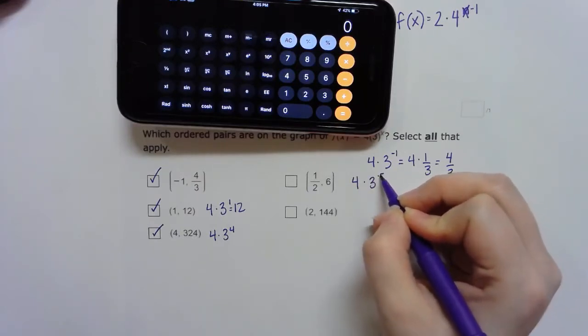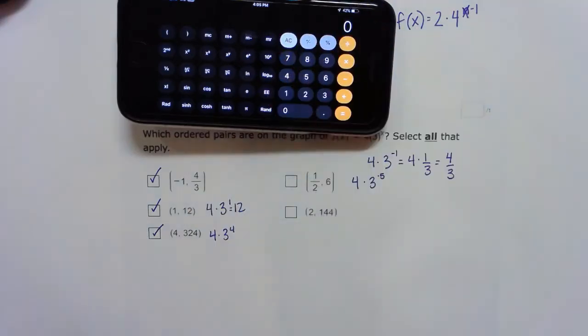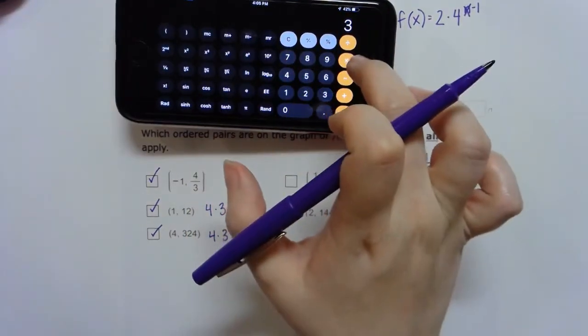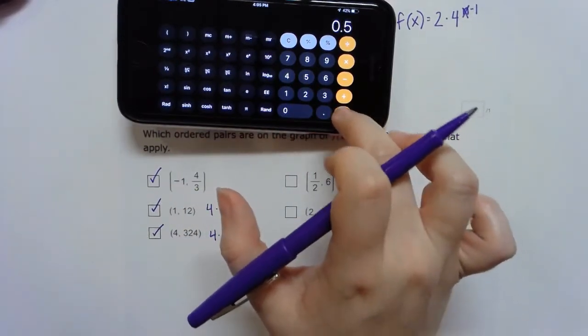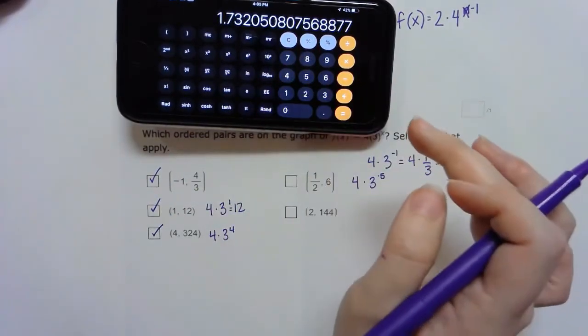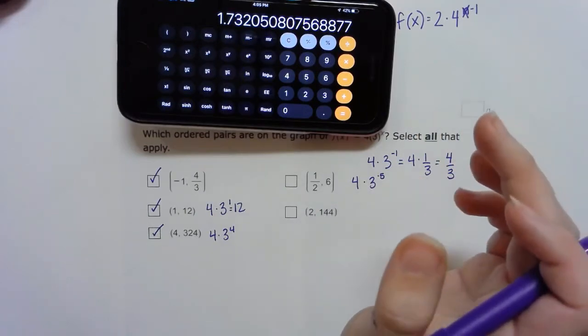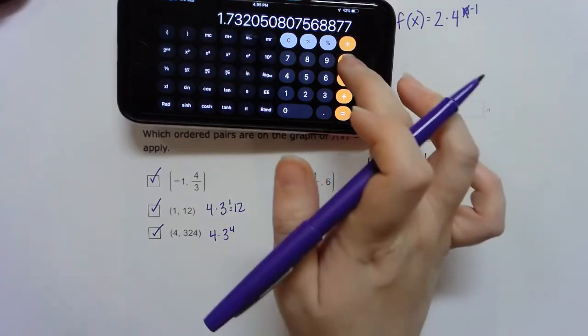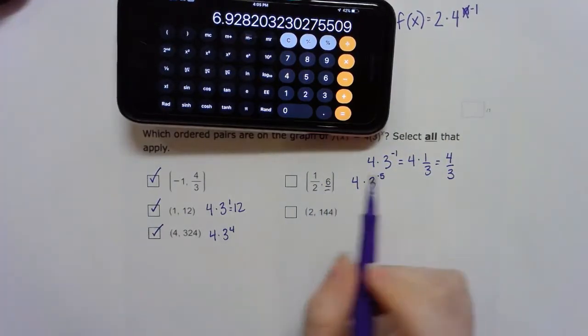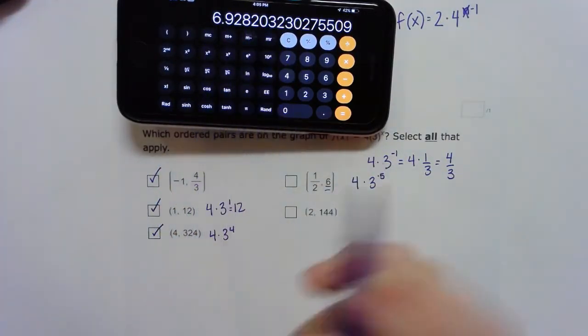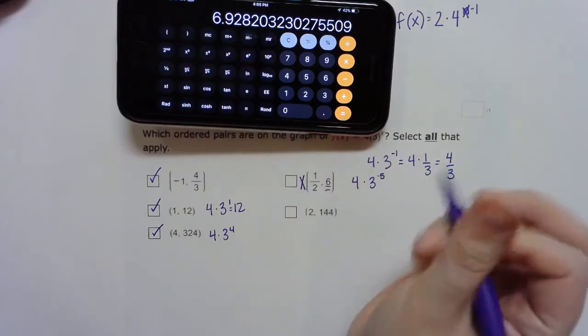You also could put that as 0.5 if you wanted to put it in your calculator a little more easily. 3 to the 0.5 power is kind of like the square root of 3, so it's going to give you a really weird number. It actually is exactly the square root of 3. Times 4 does not give me a solid 6. It gives me like 6.928, whatever. So that one is not on my graph.